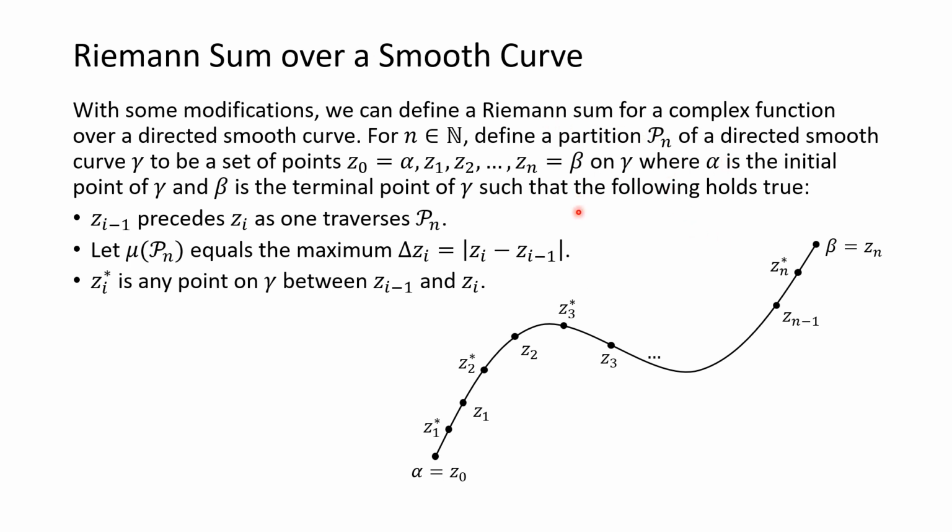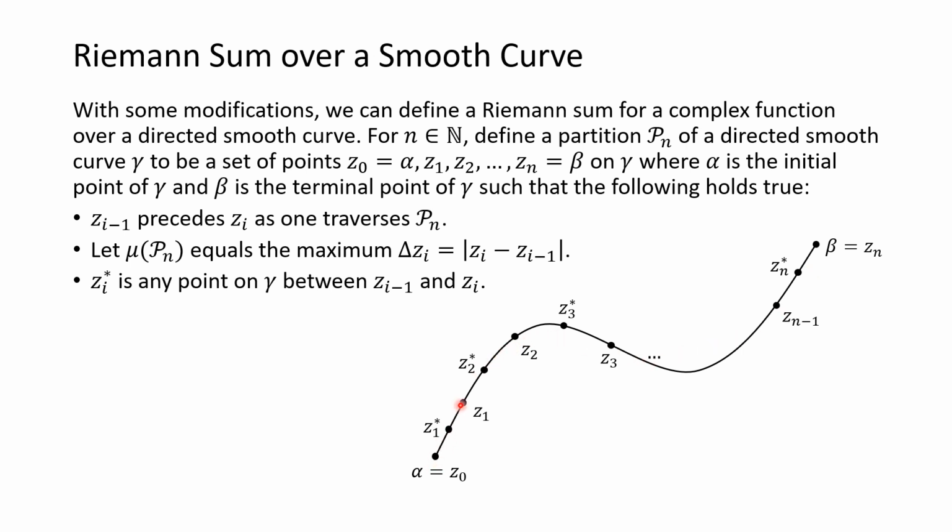Okay, now we're ready to generalize Riemann sums over a smooth curve. I've drawn this smooth curve down here on the bottom right, and we want to take an integral from alpha to beta. Just as we did with the Riemann sums over an interval, we're going to break up this smooth curve, and then we'll make these distances smaller and smaller. That'll be what we take the limit of.